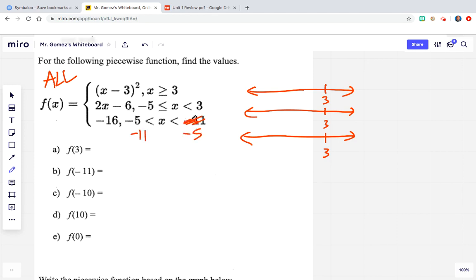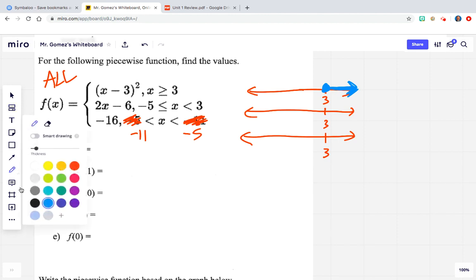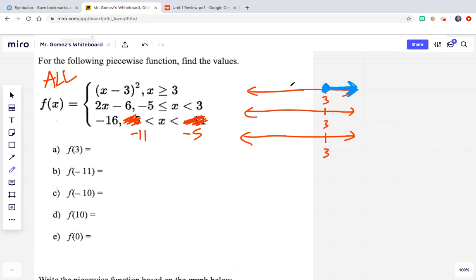So these actually got switched and are incorrect. So that this first one shows this. Let me show you what I'm talking about. X's that are greater than or equal to 3. Okay. The next one, again, you have -5 and -11. So let's put -5 like right here.